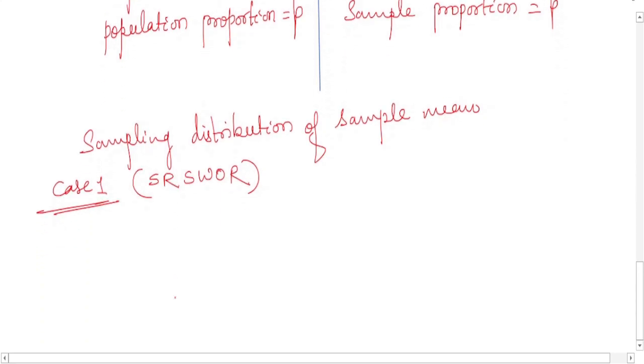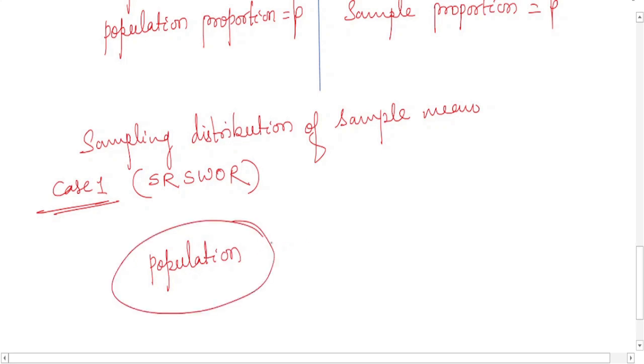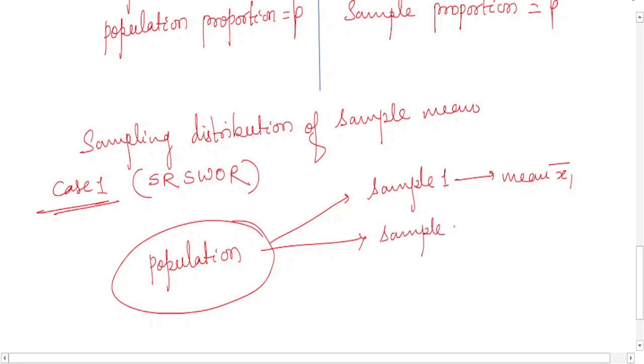So it is a probability distribution. Let us consider a population, and from this population we can draw a sample 1 and its mean we denote by x1 bar. Similarly, one more sample we call sample 2 and find the mean of this sample 2.